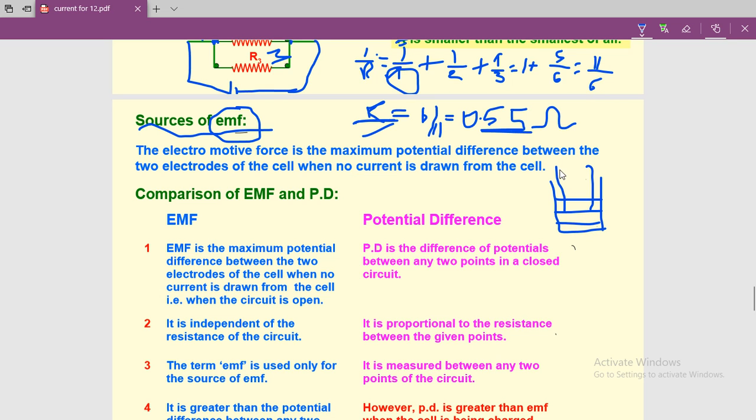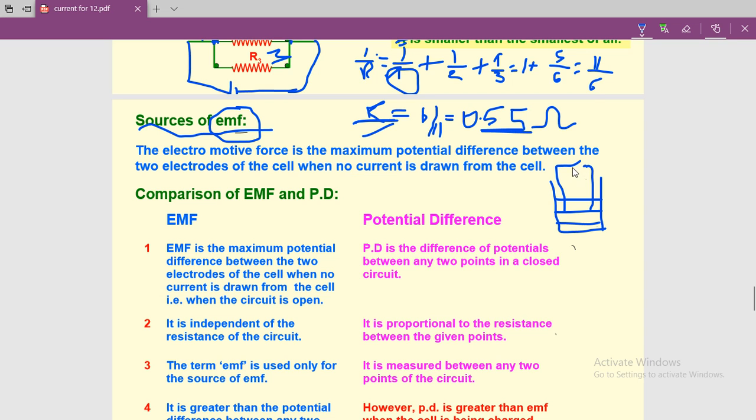Okay, now if these two electrodes are not connected to each other, it means the circuit is open. You can see these two lines are not connected to each other. Then even so, there is a potential difference between these two plates. Okay, but there is no current in this circuit. If these two are connected, there will be current, but there is no current because this is open, but there is potential difference.